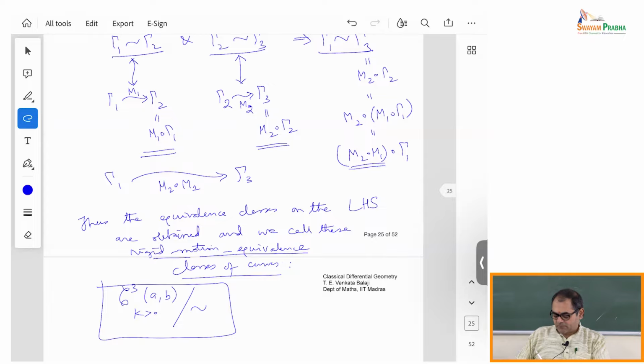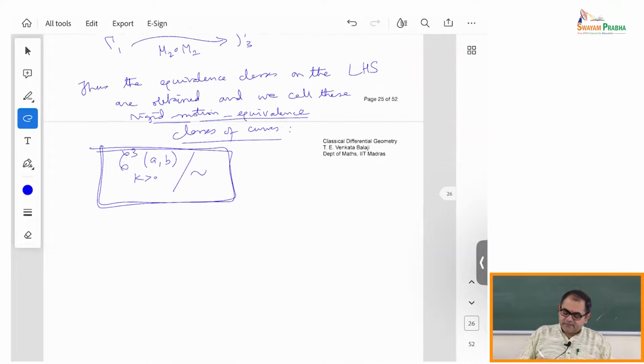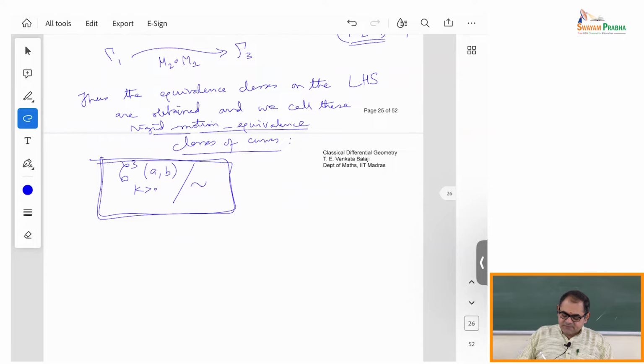Okay, this tilde there essentially means that this set is supposed to be the set of equivalence classes. And mind you, the way this is defined is, see, there was this original set C3 AB, k greater than 0. Okay, you give me any gamma here, and there is a surjective map into the equivalence classes.